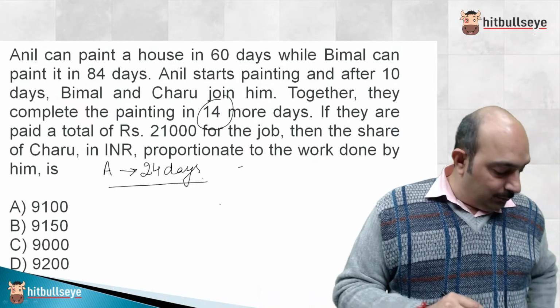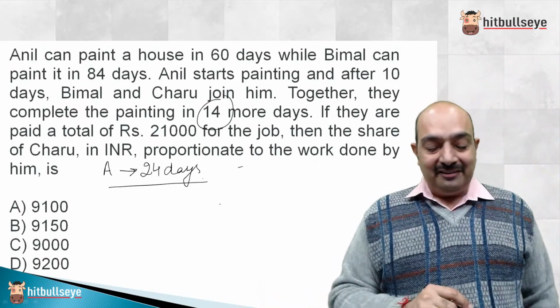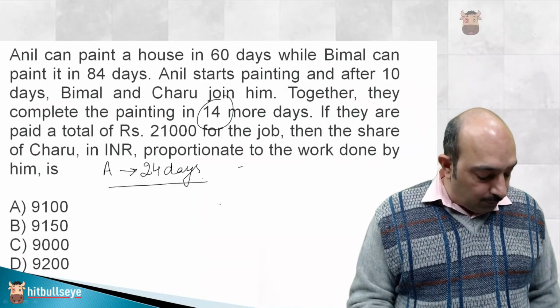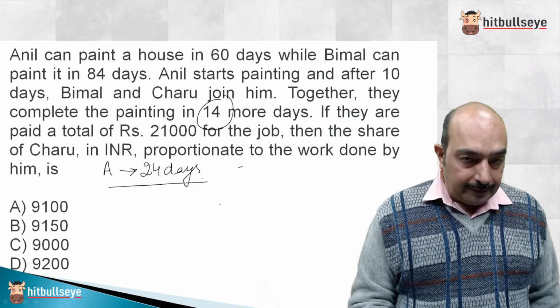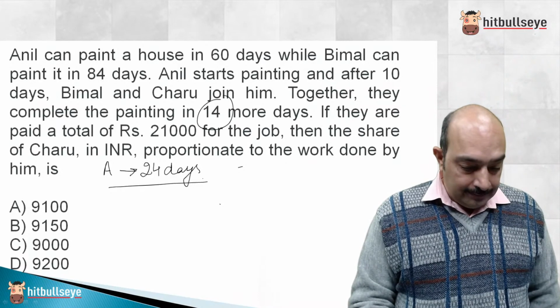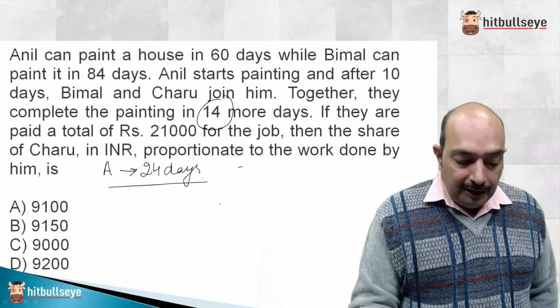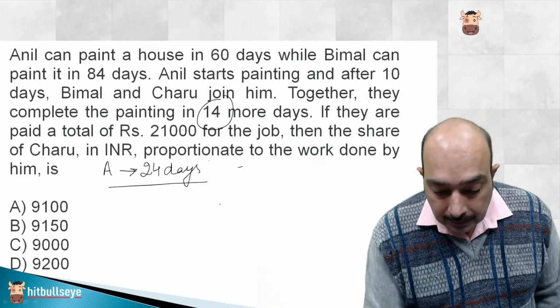Kritika, let's see. You said option B. Just give me a minute. First of all, tell me this, guys. Do we agree that A has worked for 24 days? Yes, A has worked for 24 days because it is 10 initially and 14 later on.